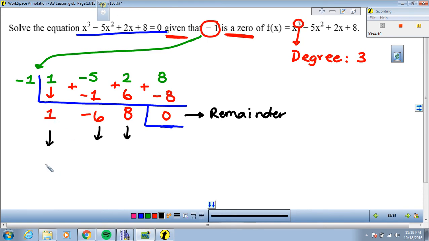So 1x to the second power, because the highest exponent over here was 3, right? So you start with an x to the second. The number at the front is a 1. I'm not going to write down the 1. You know it's there. Minus 6x to the first power, plus 8. Since there's no remainder, that's what it is. Now, these are not the solutions. We need to find solutions that look like numbers like this, right? So, set this equal to 0.